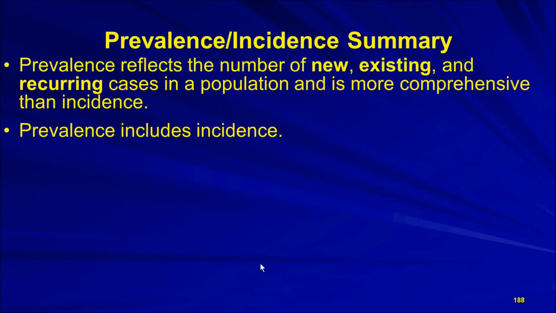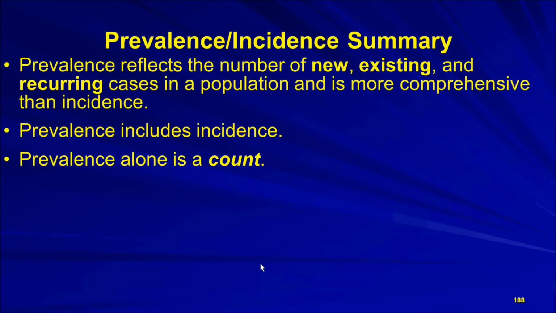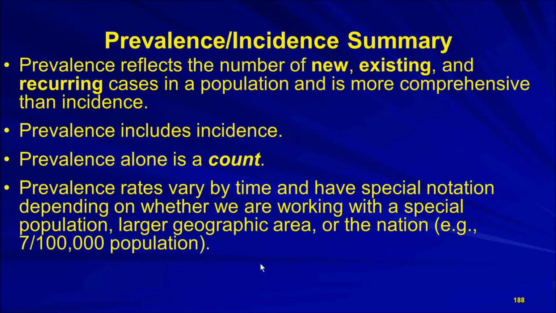Prevalence includes incidence. We've talked about that. Prevalence alone is a count. Prevalence rates vary by time and have a special notation depending on whether we're working with a special population, a larger geographic group, or the nation, or the world.